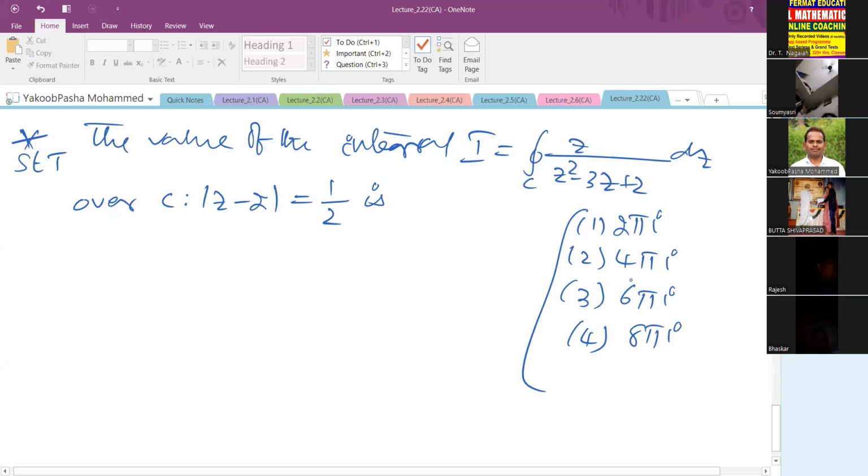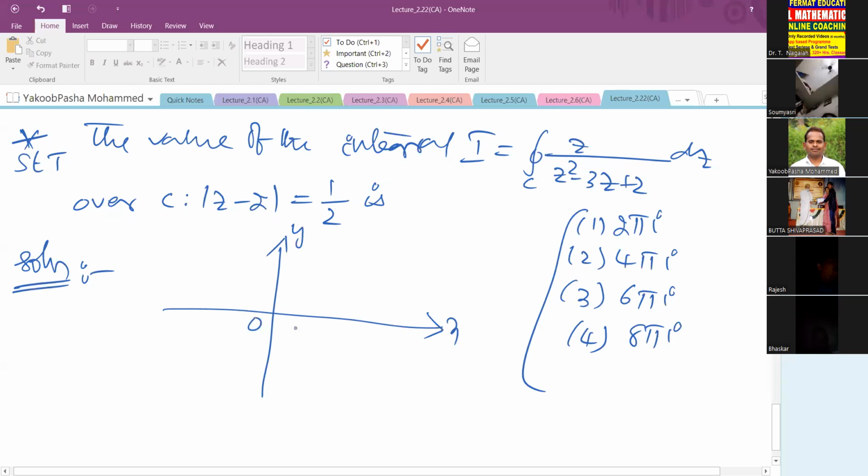Okay. First, we have to take the circle. I'm considering this circle. Take the complex plane, real axis and imaginary axis. This is the origin. At 2 units distance, 1, 2, it is the center. This is 1 and this is 3.